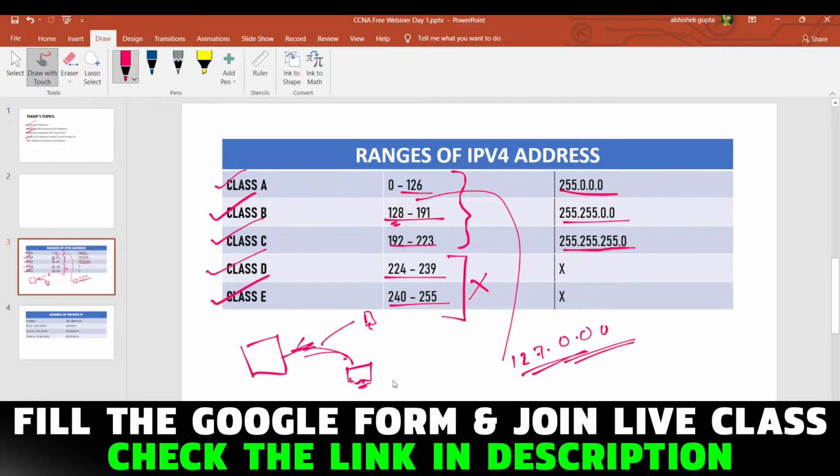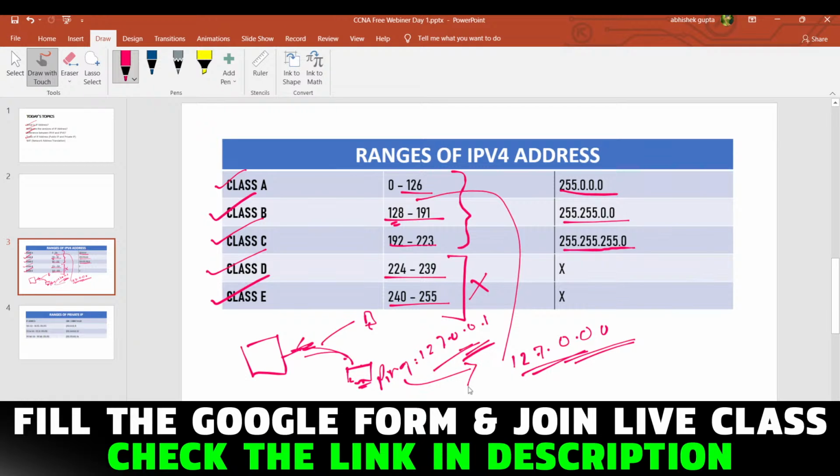So what you can do is ping 127.0.0.1, for example. This is the loopback address. Once you ping, you will get a reply from the NIC card itself. You will get a reply from your own computer. I am pinging from my computer and you will get a reply from this computer only.